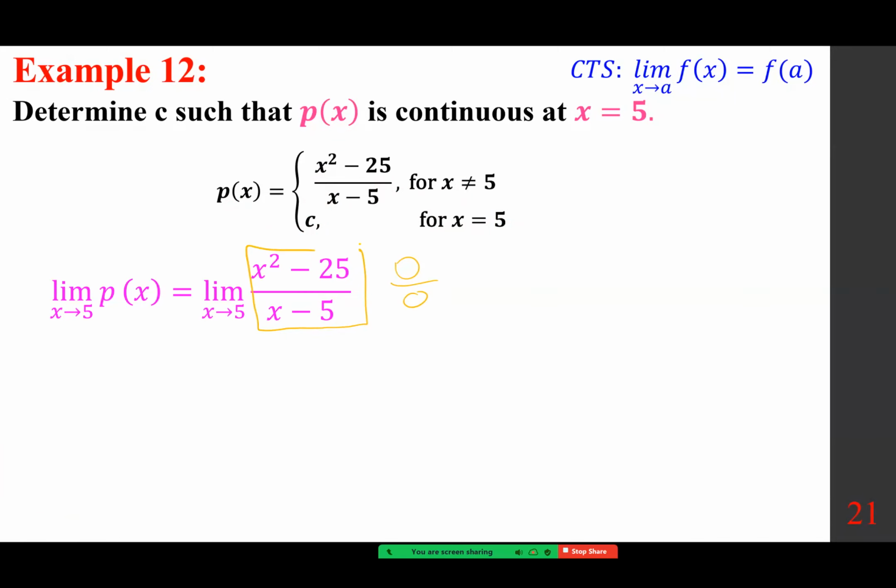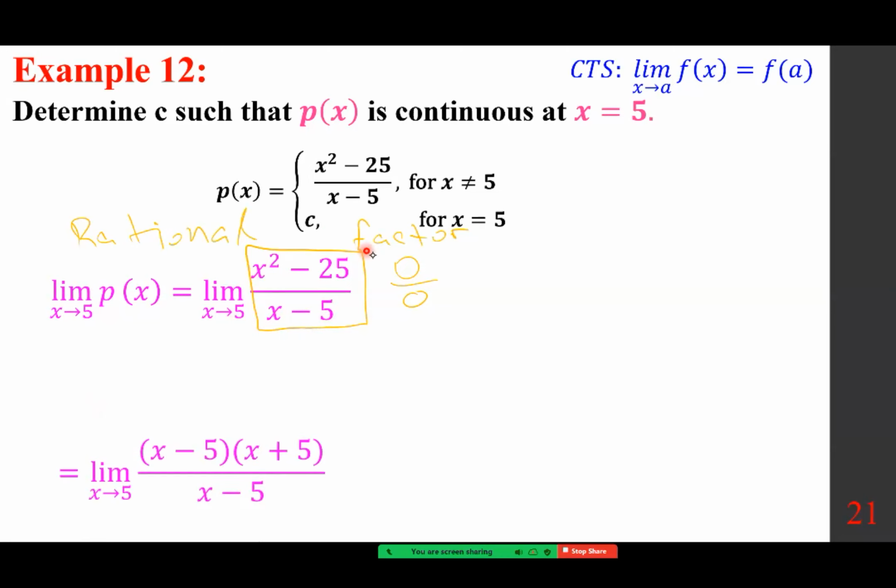This is a rational expression. The technique is factoring. And x is approaching 5, therefore it must have a factor of x minus 5. The top is x plus 5 times x minus 5, in any order.